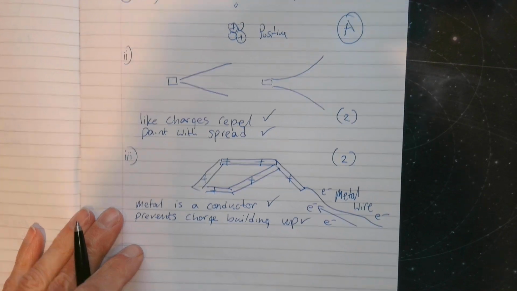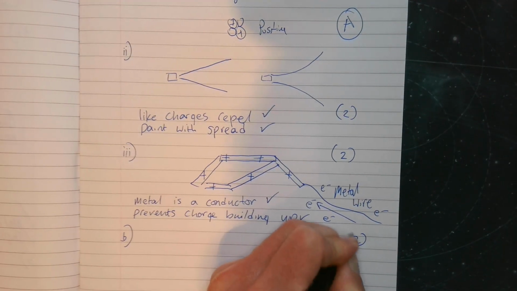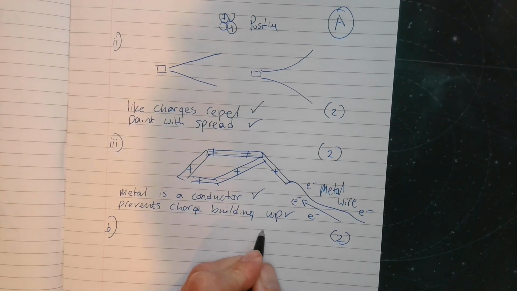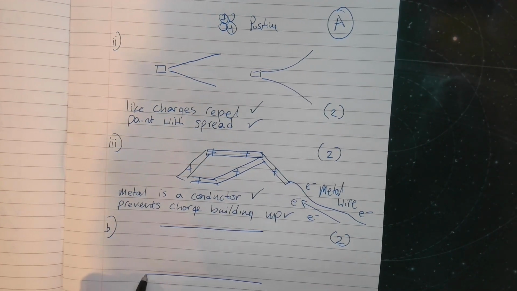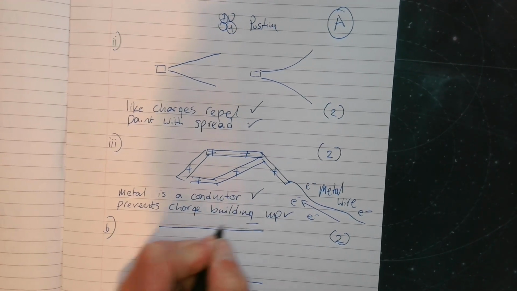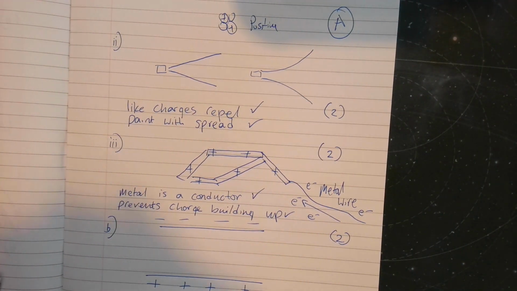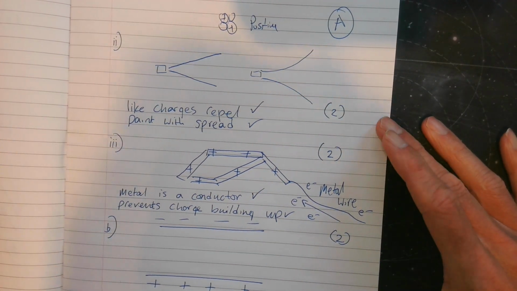And then finally, to finish off question 1, we have another 2 marker, and this time we're going to imagine that we have 2 metal plates, a positively charged plate and a negatively charged plate, and what we have to do here is draw the direction of an electric field.